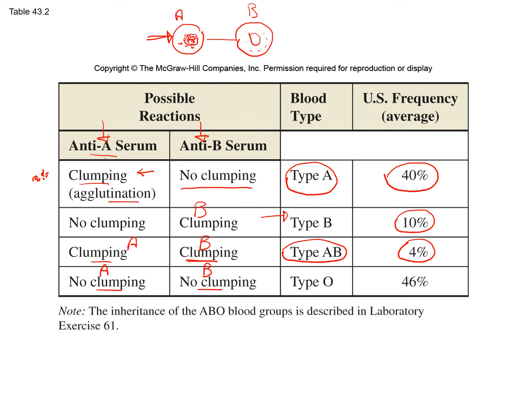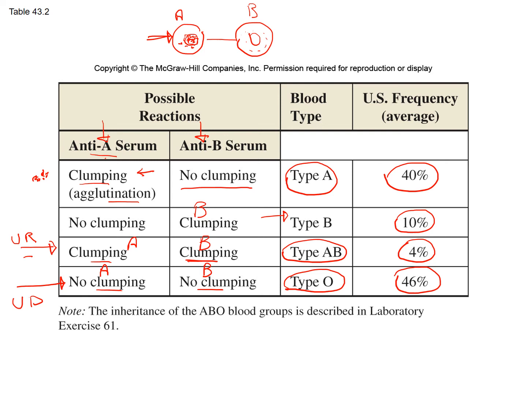You add anti-A and anti-B and no clumping in both, that means this is O. It does not have the antigen on the cell, does not react with the antibody, and it's 46%. This one here we call the universal donor, and this one, AB, we call the universal recipient, the lucky one.